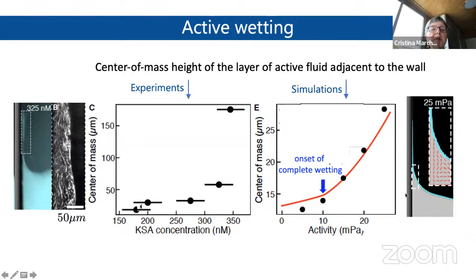So the fluid climbs higher and higher with activity. And something very similar is seen in the experiments, a similar profile for the increase of the center of mass with activity. One eventually even sees that this profile spreads out, a kind of droplet of active fluid that climbs up your interface. So it's really a kind of remarkable phenomenon.